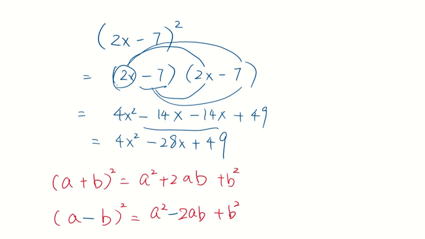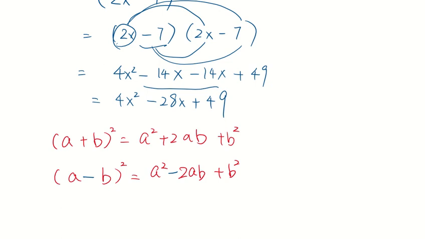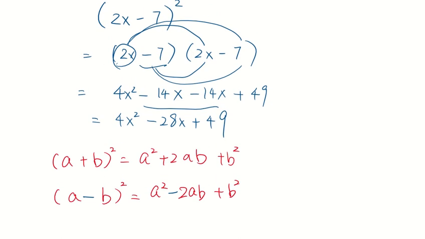So now let's apply this formula to the same problem we just did. We're trying to use the formula to solve 2x minus 7 squared.